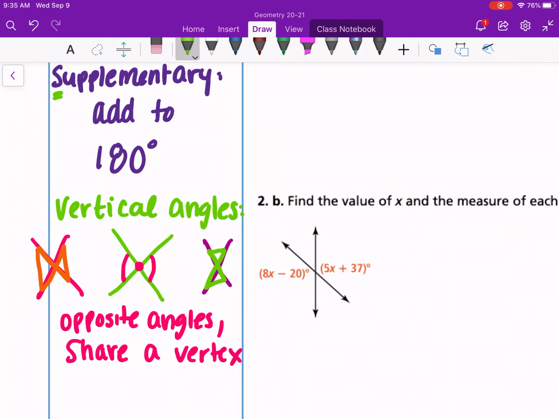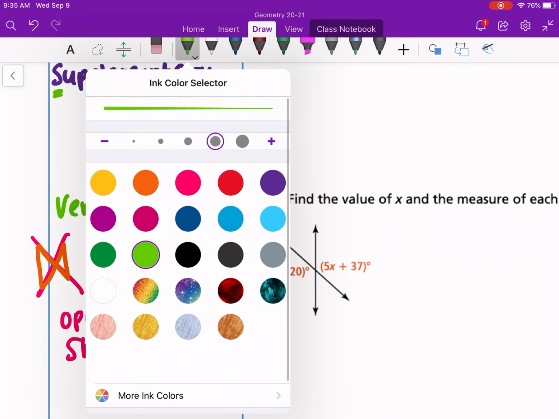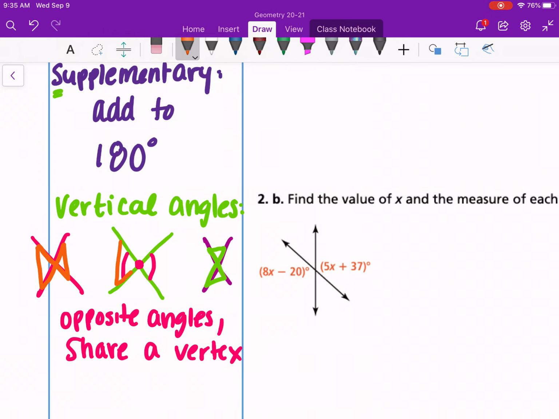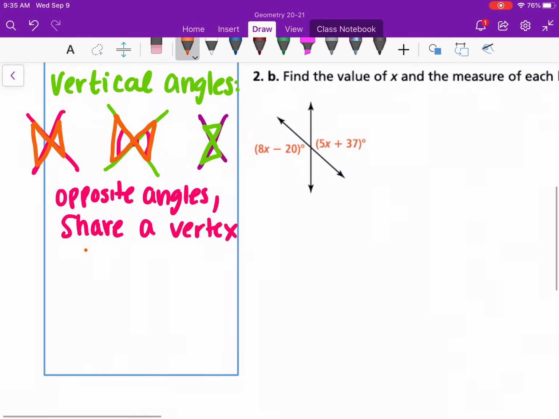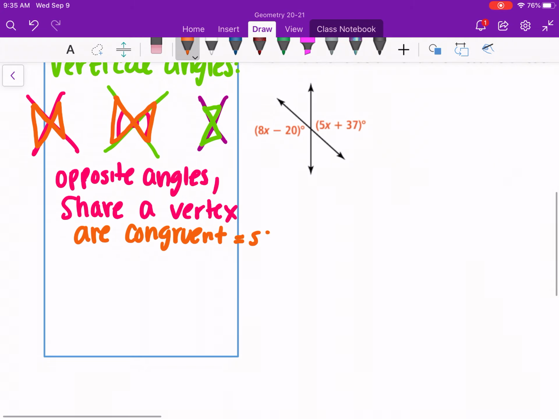Whatever way you want to think of it, these are the angles that are bow tie angles, the ones that you can trace out a bow tie. I like to call them bow tie angles because that helps me remember that these angles are congruent. They are congruent, which means they are the same or equal.